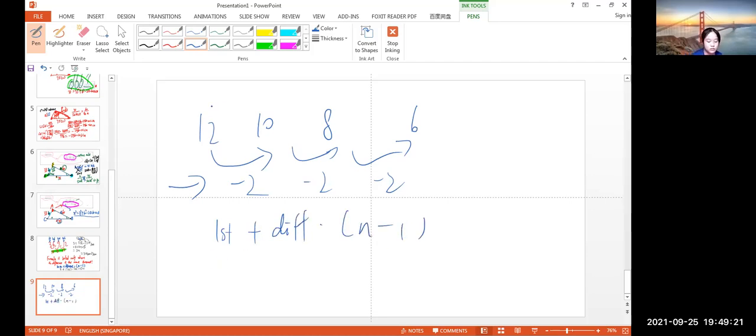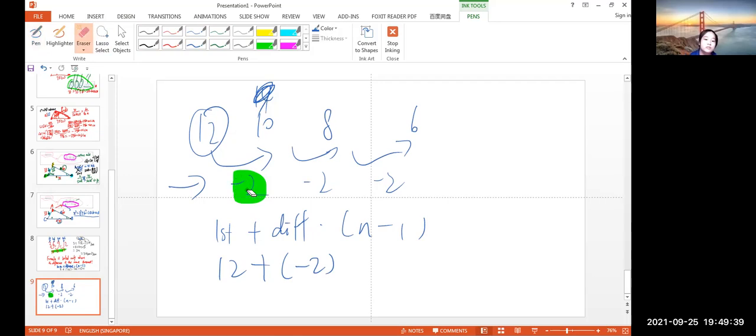So first number, 12. Difference, minus 2. Remember, the difference is minus 2, not plus 2. Because if you write plus 2, that means you are supposed to get 14. Over here is 10, right? So therefore, the difference is minus 2. And it's the same throughout. That's why you can use the formula.